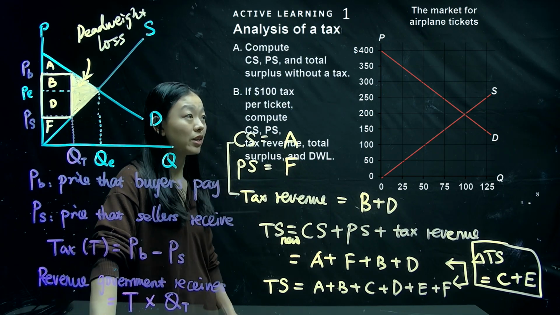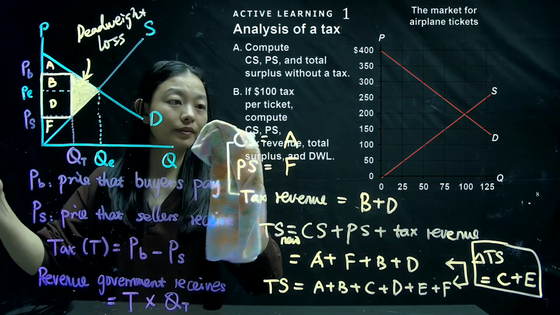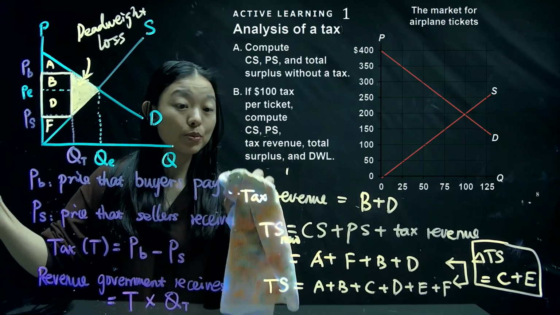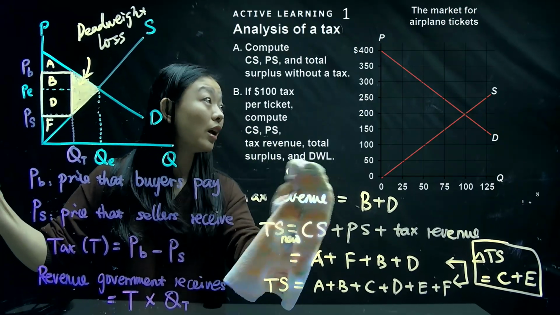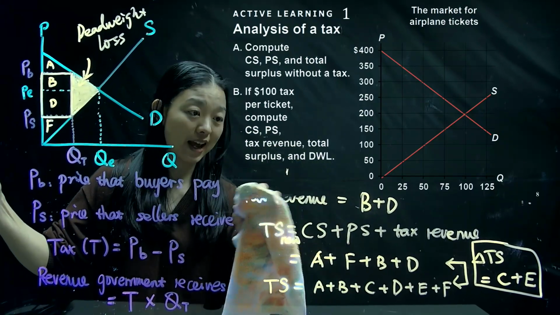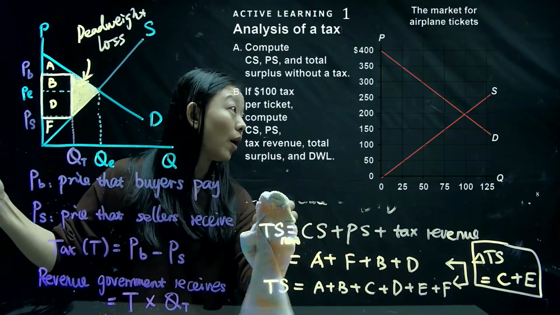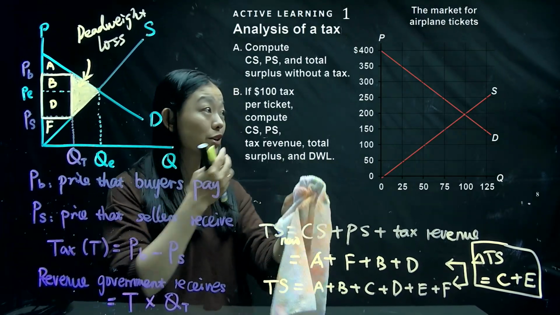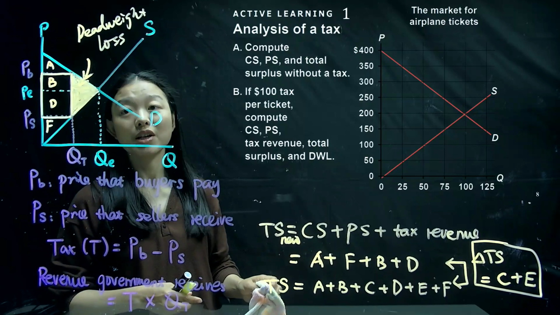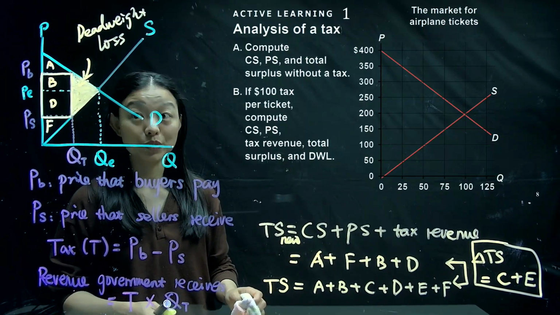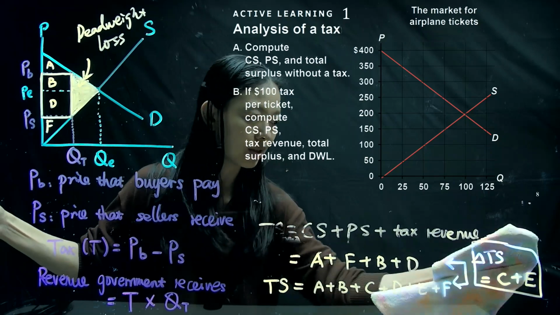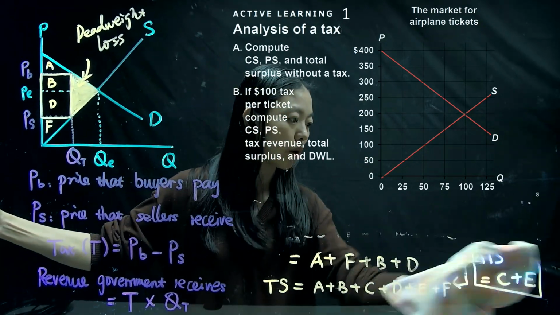So the first question is, please compute the consumer surplus, producer surplus, and total surplus without tax. Next, if now the government imposes a tax of $100 per ticket, then please compute consumer surplus, producer surplus, total surplus, total revenue, and the deadweight loss. So let's do this question together.